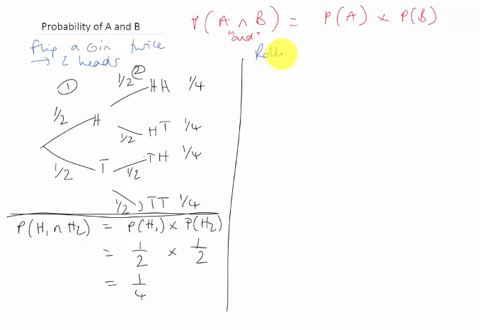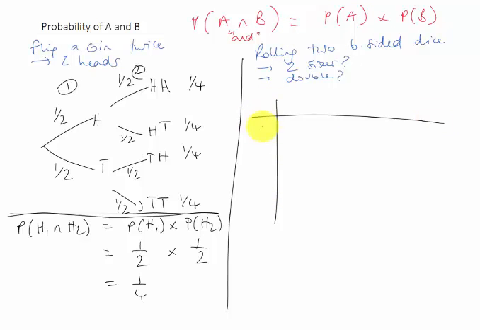So if we roll 2 6-sided dice, how about 2 6s, and how about the probability of rolling a double? So first of all, we're going to do this kind of manually, and then we're going to use this equation. So here we've got the different possibilities from the 2 different dice, so we can roll a 1, 2, 3, 4, 5, 6.